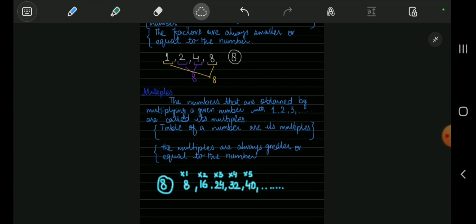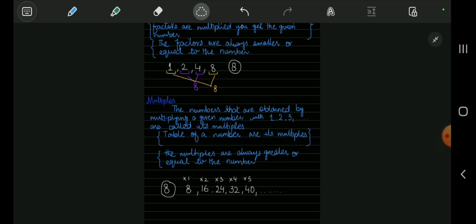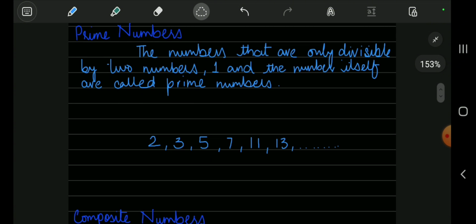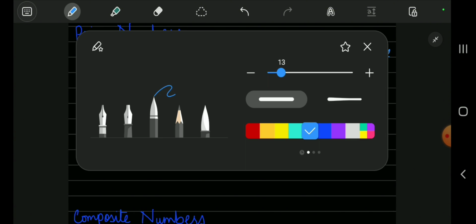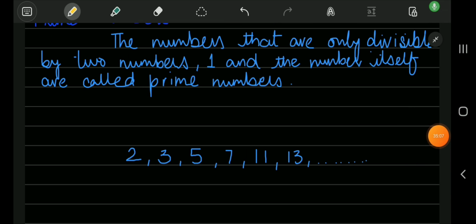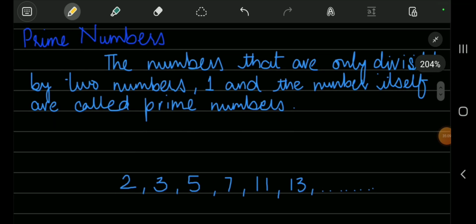These are the examples. Now let's get back to prime numbers and write their definition in terms of factors, as I told you before. The prime numbers are the numbers that have exactly 2 factors.